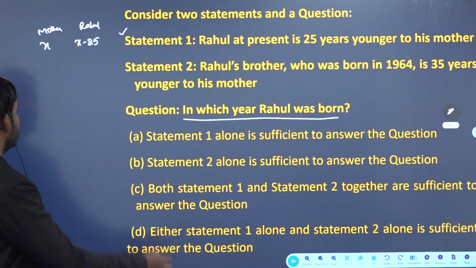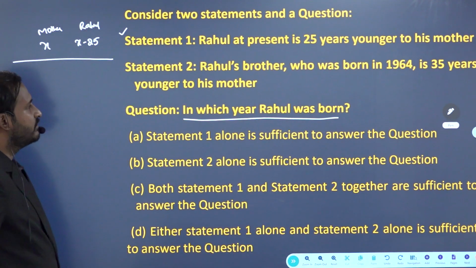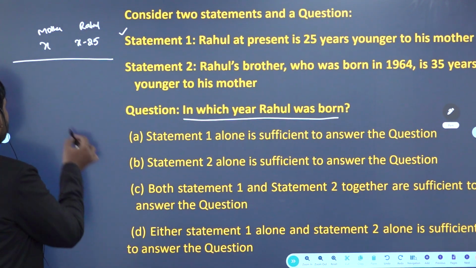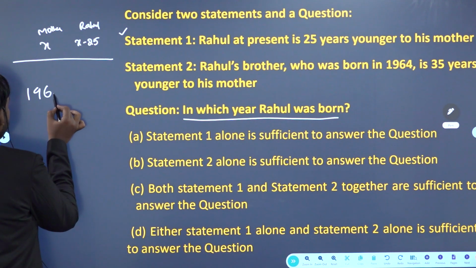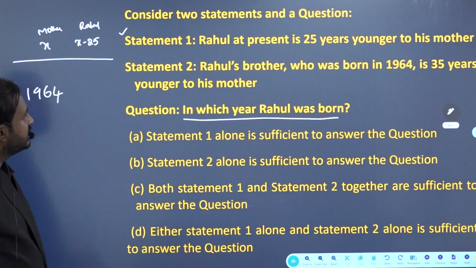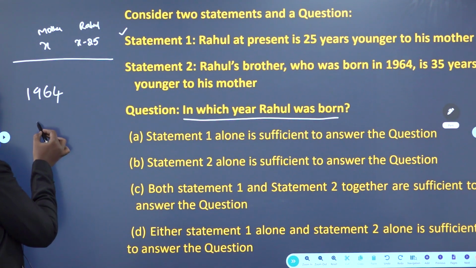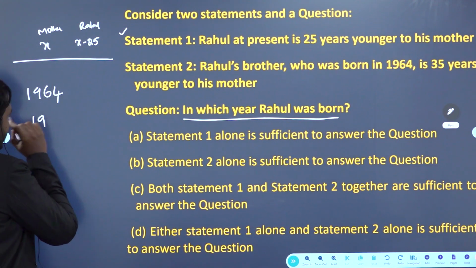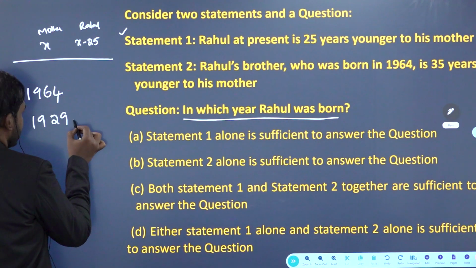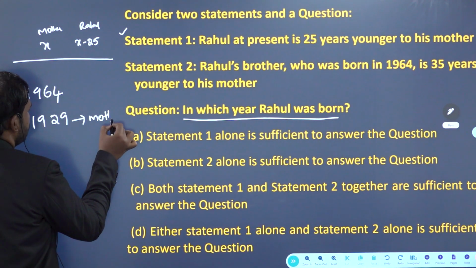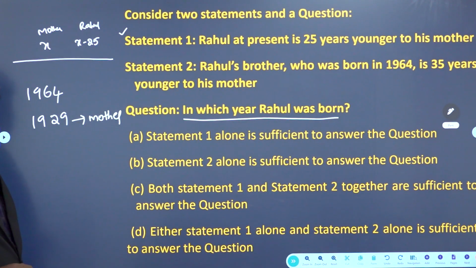Now we will check the second statement alone. Rahul's brother was born in 1964 and is 35 years younger to his mother. That means his mother was born in 1929.